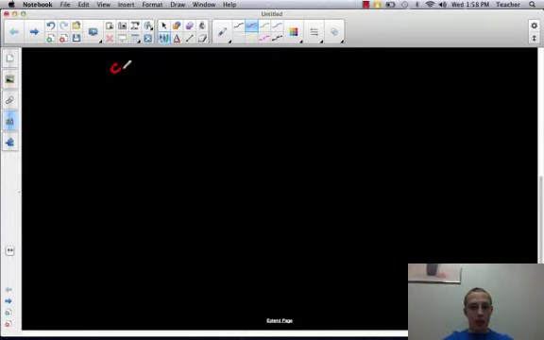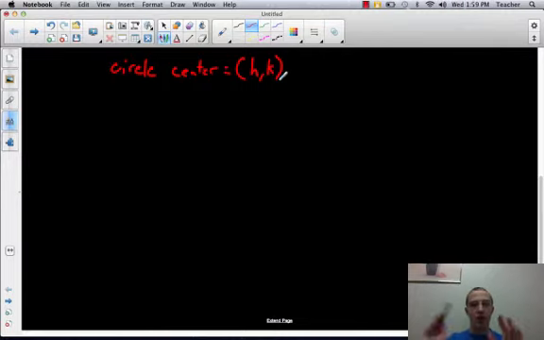We'll say the circle center equals (h, k). The center point is literally the middle of your circle. h and k are just variables. They can be any number you want: -50, -5, a positive 3,500,002, whatever.